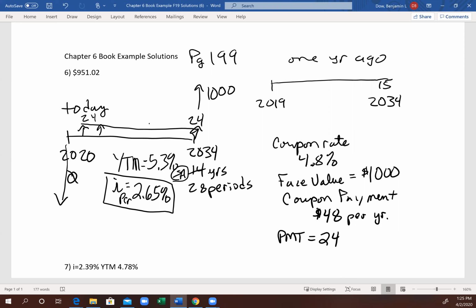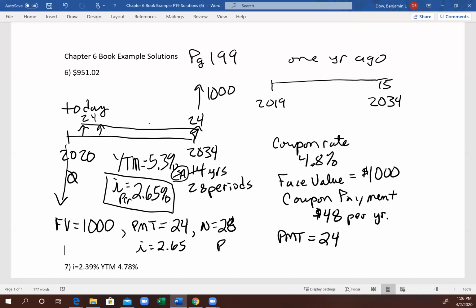So if we look at it, we have $1,000 future value. We have payments of $24, of which there are 28 of them, and an interest rate at 2.65.